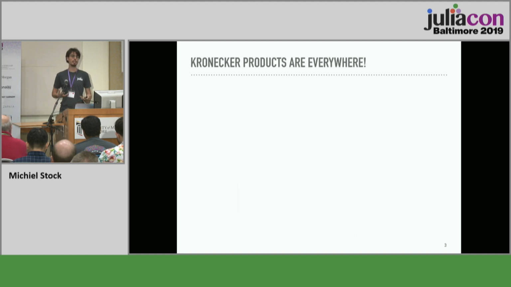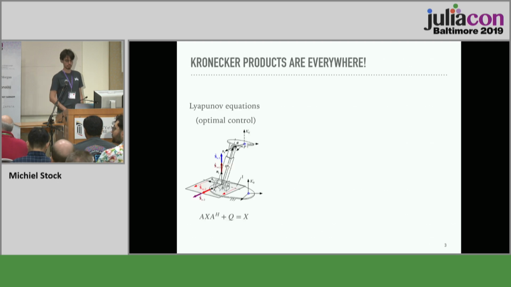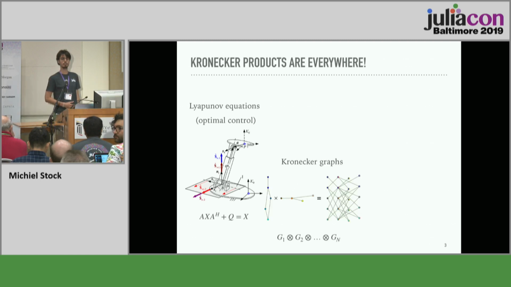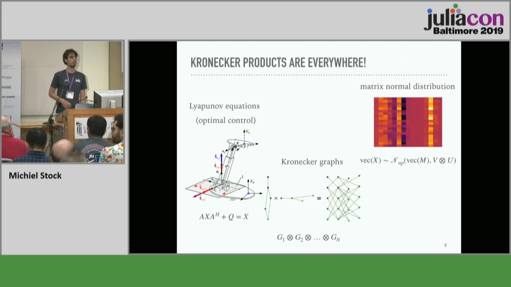So why should you be interested in Kronecker products? Well, because they appear everywhere in applied mathematics. They are, for example, used in optimal control, Lyapunov equations. They're used in modeling networks, Kronecker graphs, and they're used in modeling matrices using the matrix normal distribution.